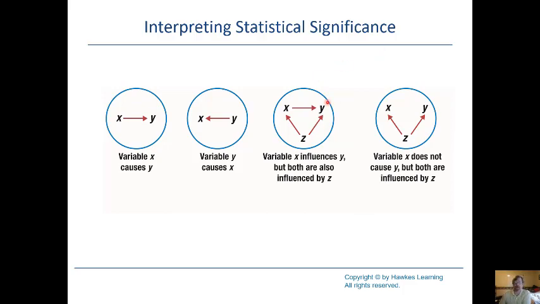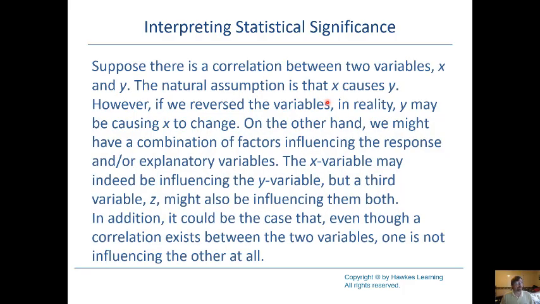So we've got to be very careful interpreting the significance of correlation. Just because the correlation exists does not imply that there is a causal relationship between the two variables. It is natural to assume that one variable causes the other. It might make more sense to reverse the variables.